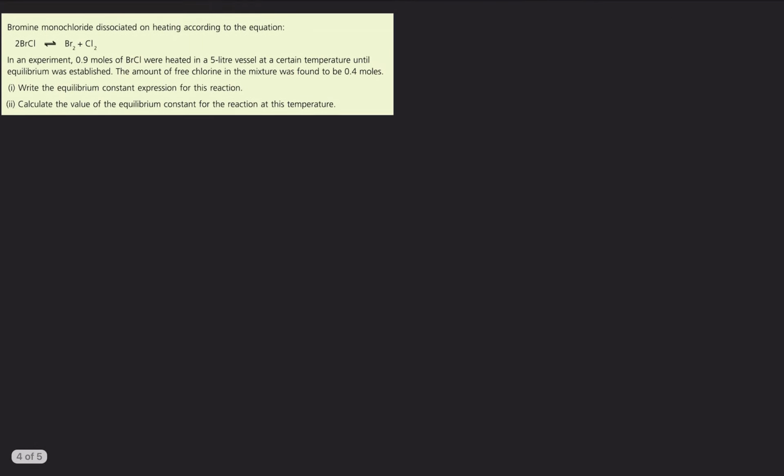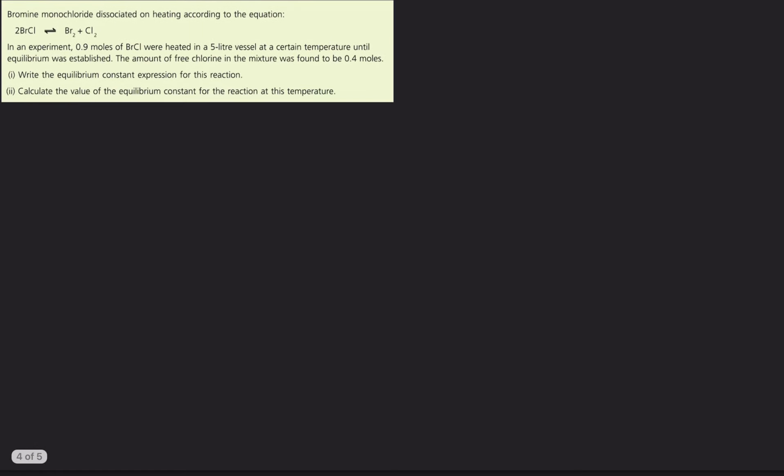Now you can take a second and read this one, give it a go, and then I'll do it. Okay, again, we're going to highlight the reaction: 0.9 moles, 5 litre vessel, and it doesn't even give you the temperature this time.